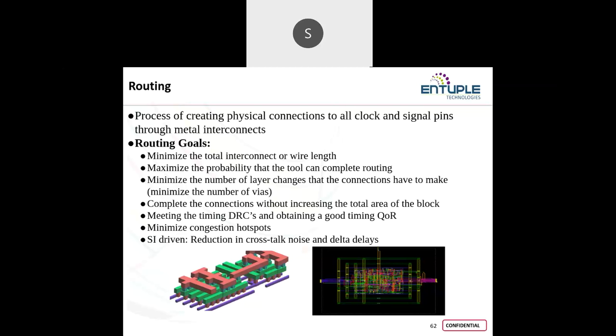we have a four stage process here. But before that I just want to list out some goals of routing. Usually, to get a good routing database I need to take care of these things.